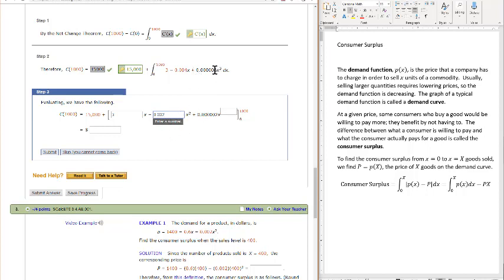And then now we have this constant, and then the antiderivative of x squared is x cubed over 3, and it looks like they divided this big decimal by 3. They divided it by 3, so we don't need to worry about that. We just need to worry about the power of x.